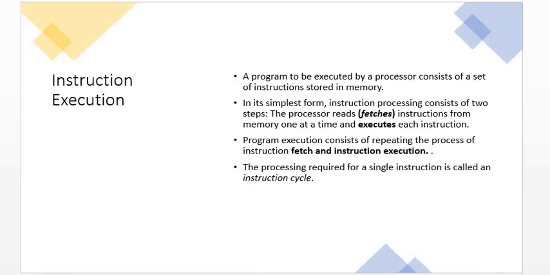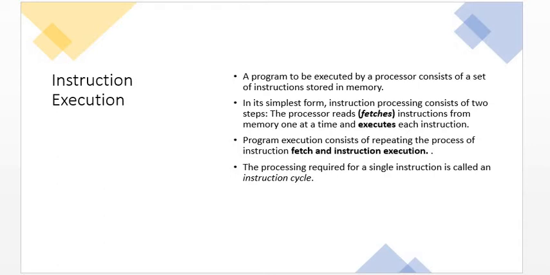And generally, instruction execution in computers is made up of two parts. If we are to put it in a simplified form, the first part is the fetch part, where your instruction is fetched. Then the second part is the execute part, where the processor will execute the instruction that would have been fetched.